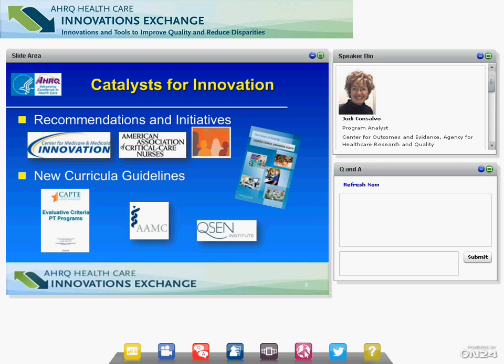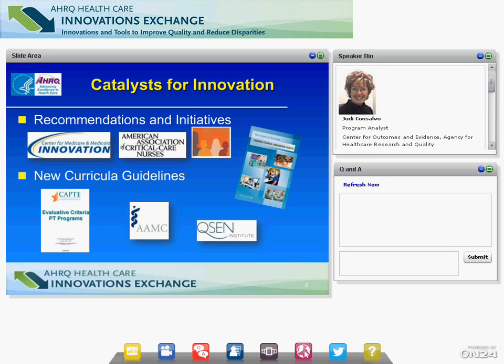The American Association of Critical Care Nurses has innovated creating healthy work environments. The American Association of Medical Colleges has a research on care community that is a home for academic medicine leaders and their teams who are committed to using clinical effectiveness research and implementation science.